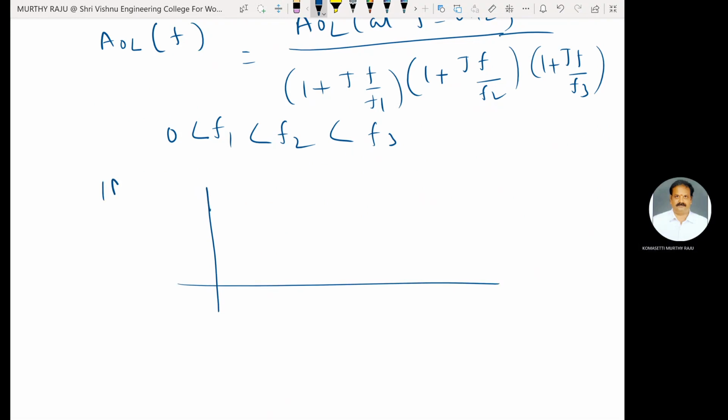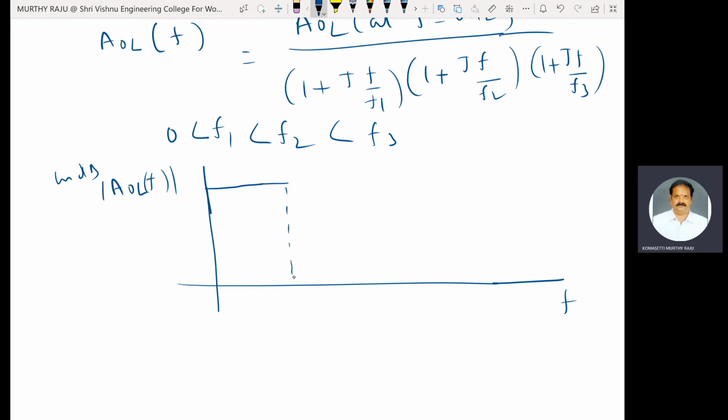Mod AOL of F in dB. We use dB or ordinary values. This one is F. At first corner frequency F1, the gain decreases like that, minus 20 dB per decade.